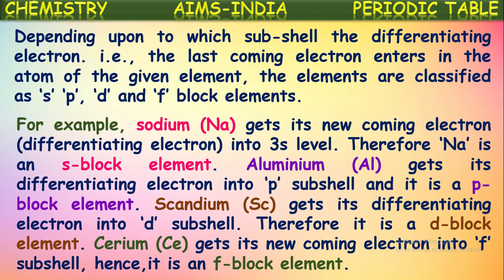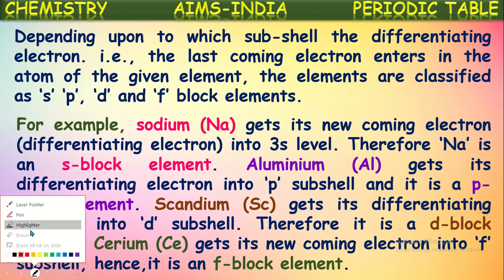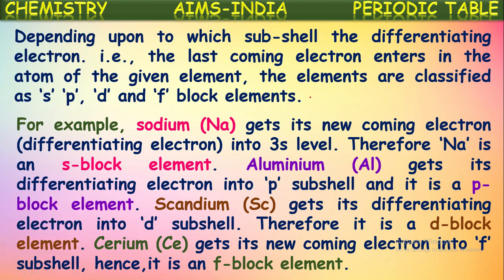For example, sodium gets its new coming electron or differentiating electron into the 3s level, isn't it? Yes, because sodium has 11 electrons and its electronic configuration is 1s2, 2s2, 2p6, 3s1, which means it has its outermost electron in its 3s subshell.